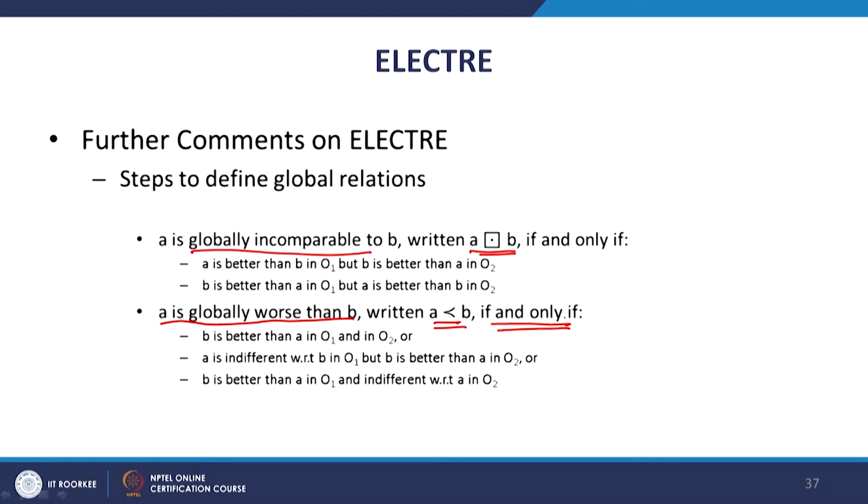This is how we can go about determining the global relation between two alternatives. This is going to be performed for all the alternatives, the pairwise comparisons between all the alternatives, and finally we get the final preorder.